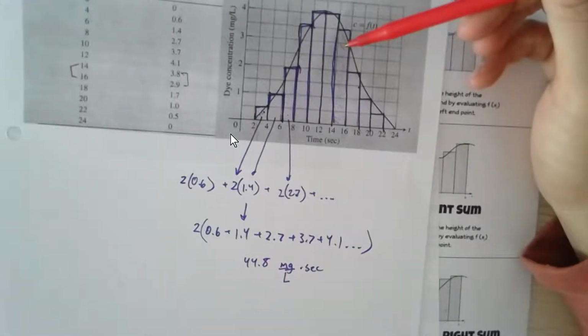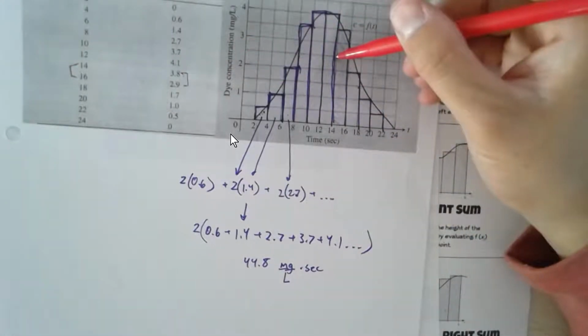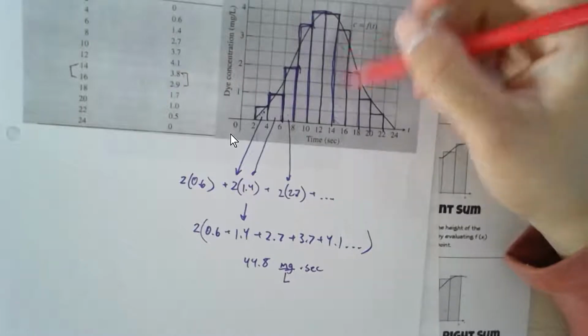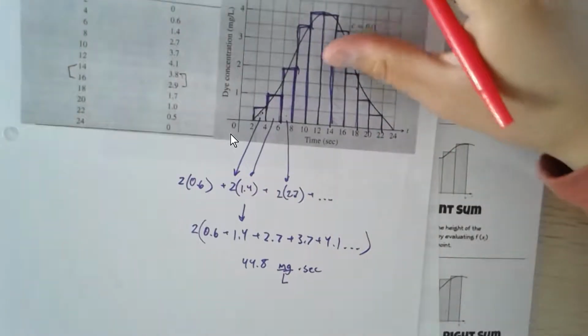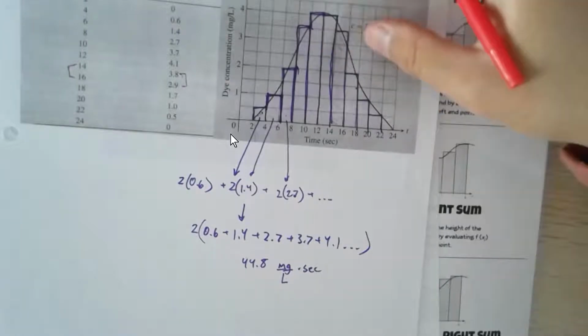If I were to go with 2.9, let's look at where the height of this rectangle would be. I would have stopped all the way over here. What's the problem in using that as the area for that rectangle as opposed to 3.8?